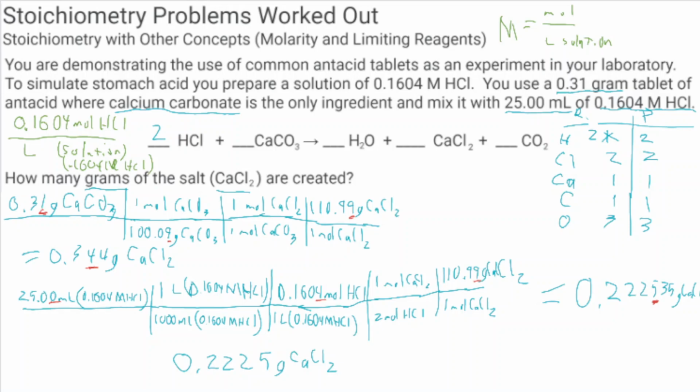And we're going to be comparing that with the 0.34 grams of calcium chloride if we had solved it for the calcium carbonate to begin with. And we need to find which one is the lesser value. So 0.2225 is less than 0.34. And so our final answer would be the 0.2225 grams of calcium chloride.